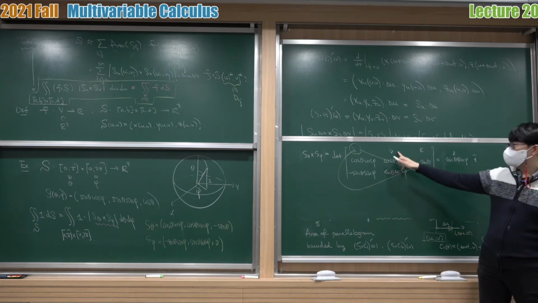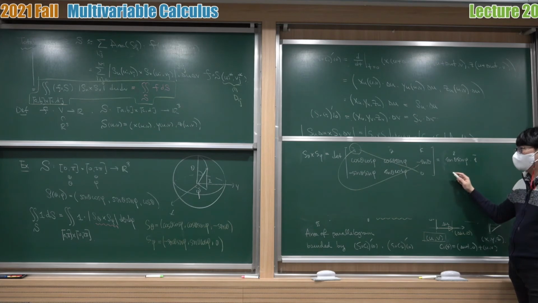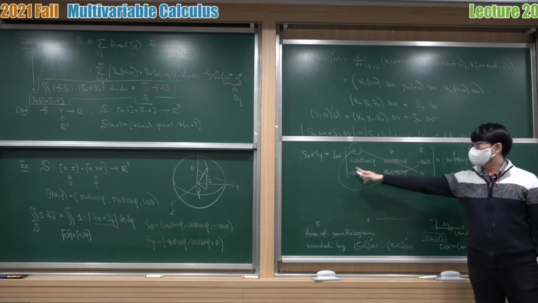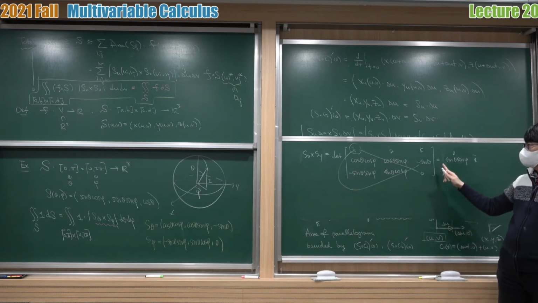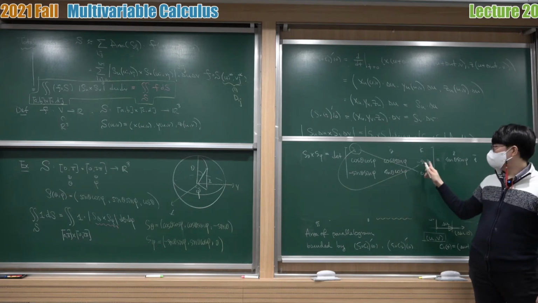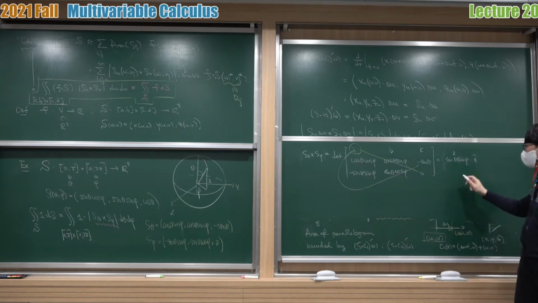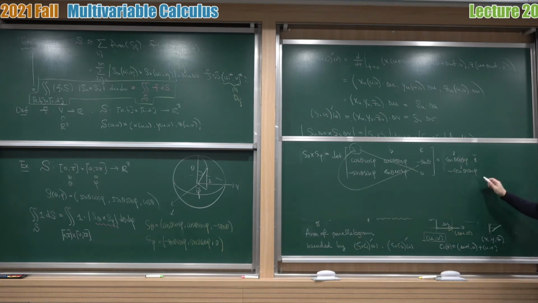And what about j? So you get 0 in this way. You get this thing again. So it's a minus sine squared theta. Sorry, this is cosine, right? And sine phi j. So sine squared theta sine phi j.